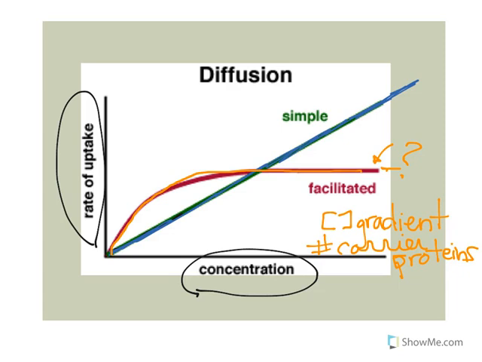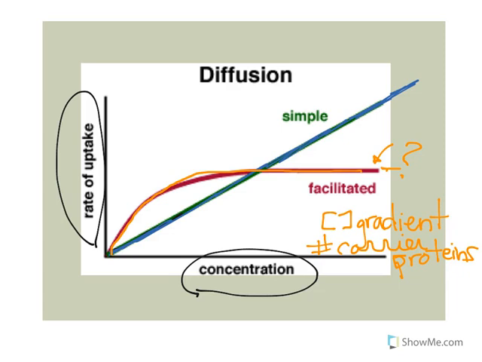Let me give you a real life example. Say you just ate and your blood glucose levels go up, and we want those blood glucose levels to go back down. We want our tissue cells to take it up and use it for energy, store it away for later. What happens is the hormone insulin will actually increase the number of glucose transport proteins that we have in things like adipose tissue and skeletal muscle.